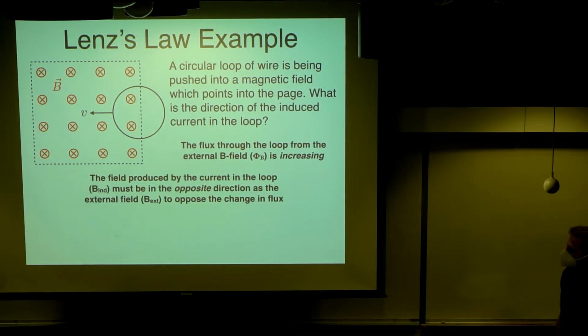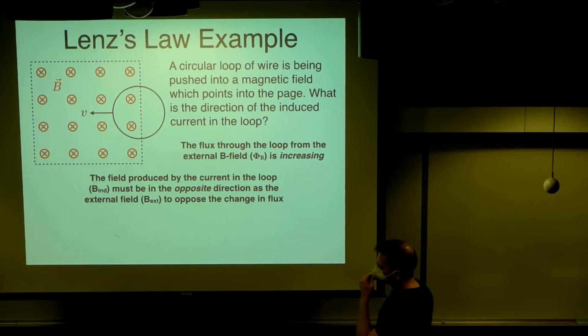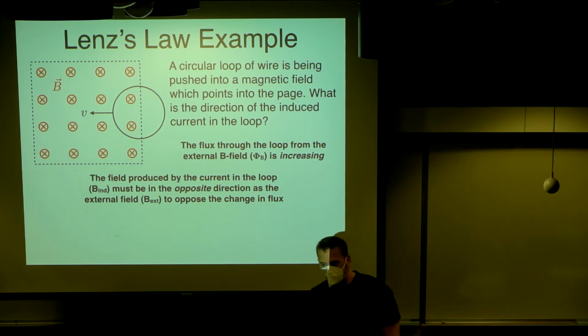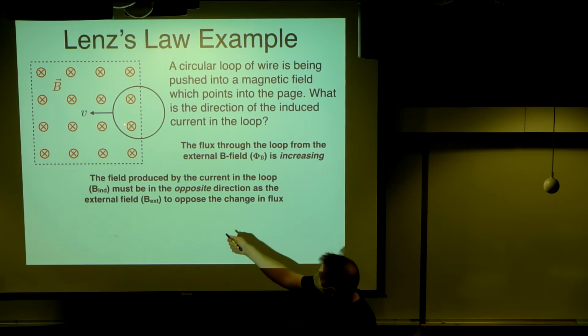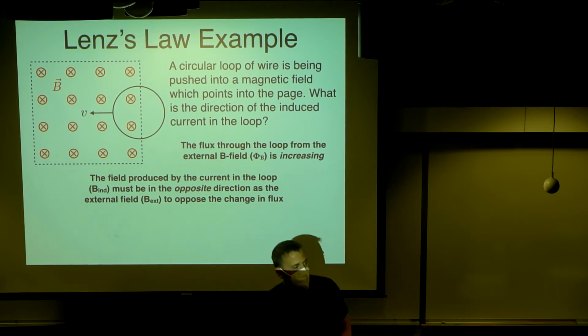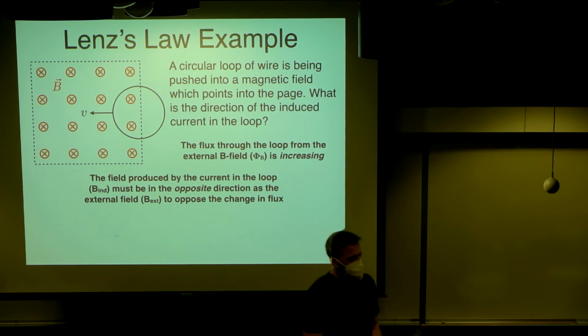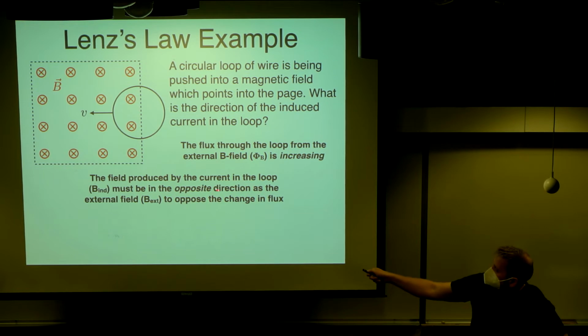So now, because we know the flux is increasing, we can take the next step, which is, all right, the B field that gets induced by current flowing through this coil, which way does that have to go? Well, because again, flux is increasing, the B induced must be opposite to the B external to oppose the change in flux, right?